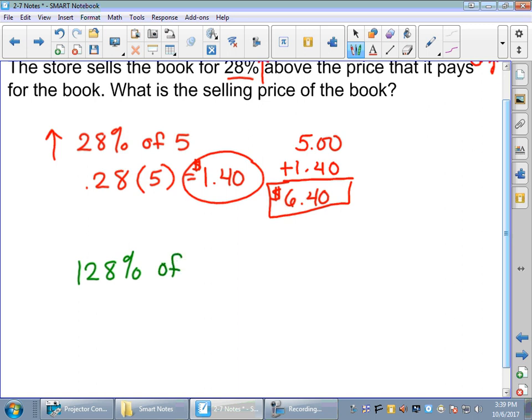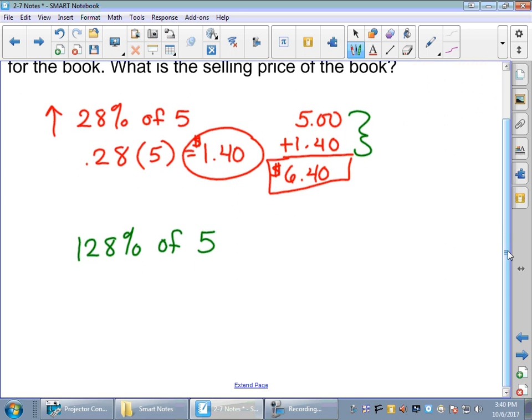So another option, I'd like to show you a couple different ways to do this, is we can add on the 28 to 100 rather than adding on the money-wise. So you can add on the dollar amount in the end, or you can add on the percent amount in the beginning. Either way, we're going to get the same answer. So I move my decimal 2 places to the left, my percent, to make the percent into a decimal.